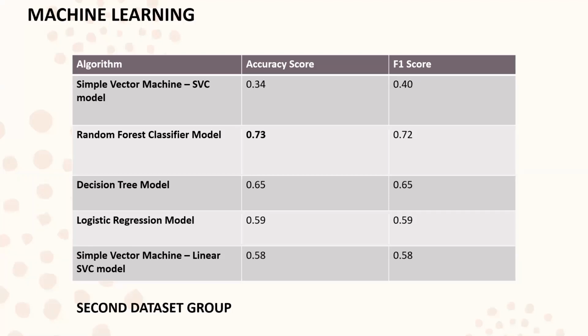And for the second data set group, the random forest classifier performed best with an accuracy score of 0.73 and an F1 score of 0.72, followed by the decision tree model, then the logistic regression, the SVC model, and the linear SVC model. The SVC model actually performed worst, which was the reverse of the first one, where it performed best.